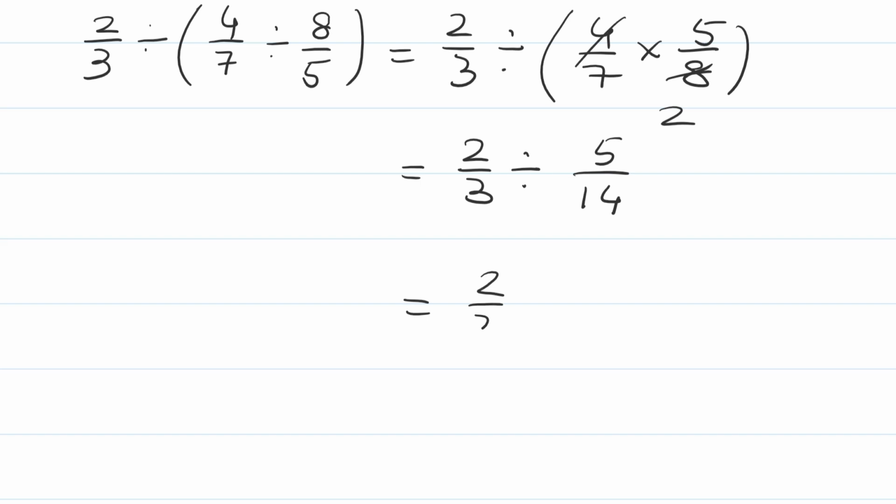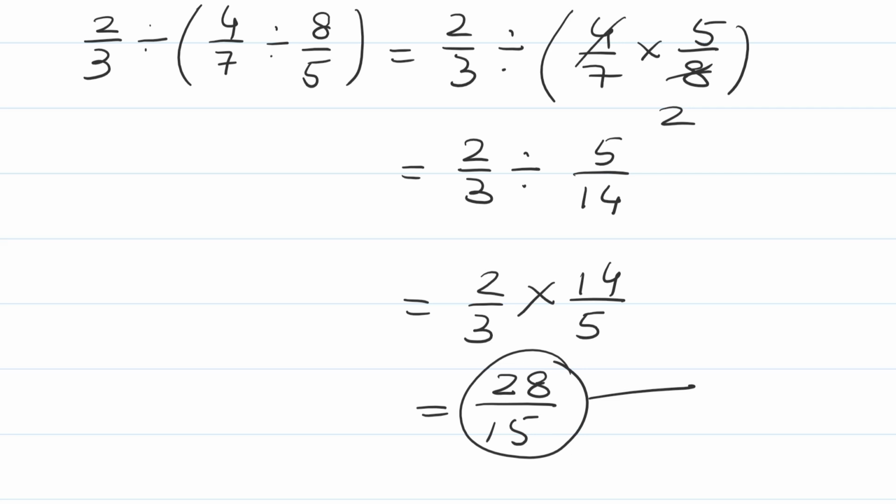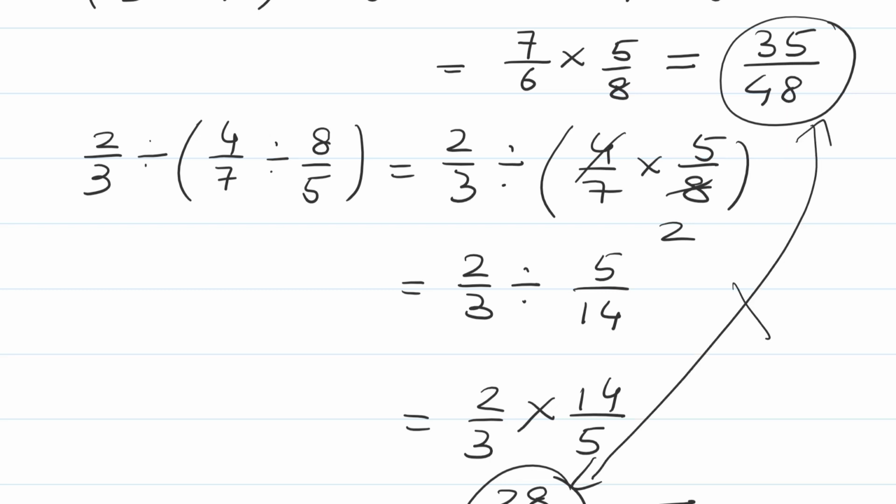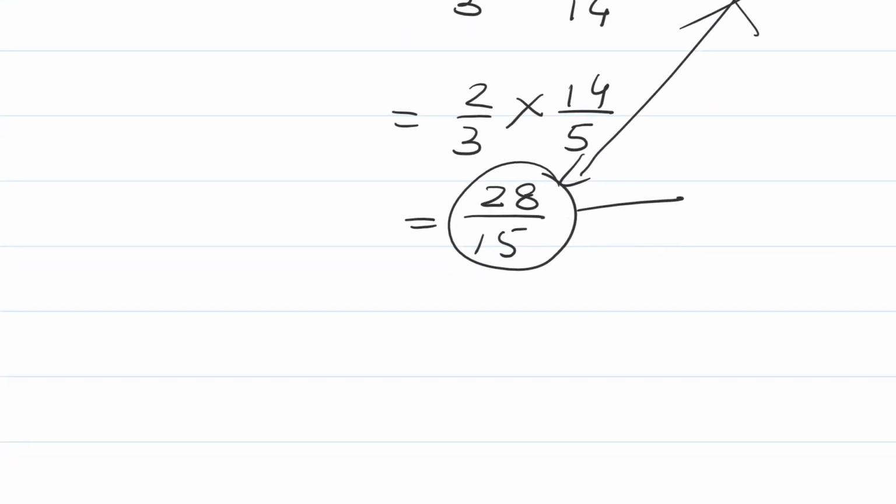Again, to divide is to multiply by the reciprocal of the divisor, giving 28 by 15. Compare the RHS with the LHS. They are not equal. So division is not associative for rational numbers.